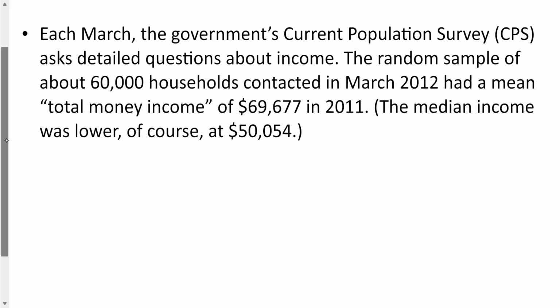So what we're looking for is, what is the population? What is the parameter that goes along with it? So the population, in this case, would be all households in the U.S. So they're trying to find that information about all households. So all U.S. households.